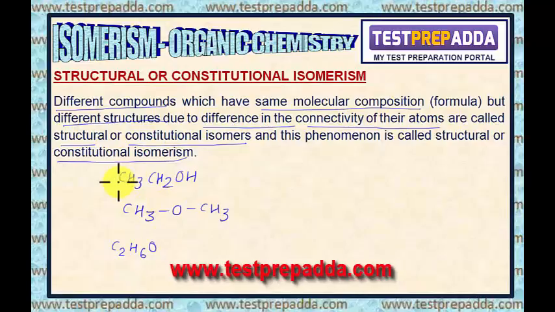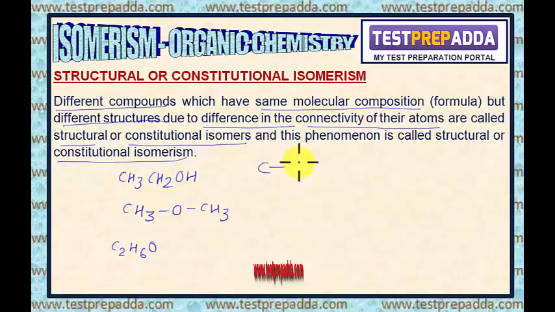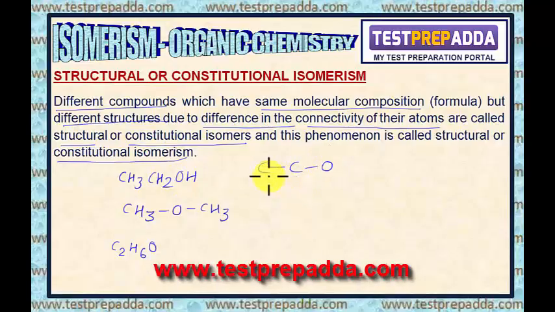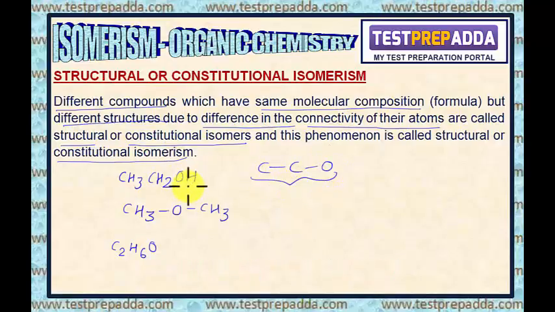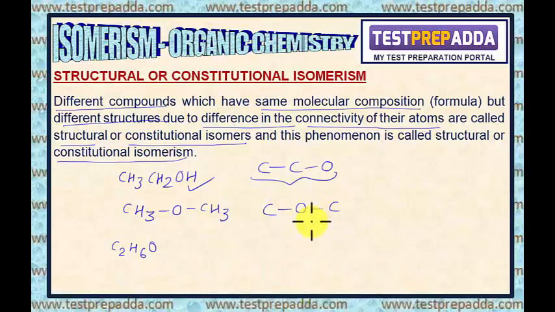But what is the connectivity? Here it is C-C-O. This is the connectivity in this compound, while here the connectivity is C-O-C. Now you can see the difference is in the connectivity of atoms, and that is why we say constitutional or structural isomers. So this is about structural isomerism.